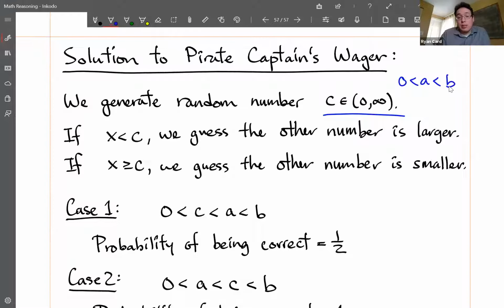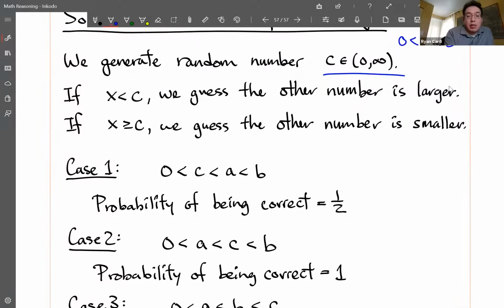There are three different things that could happen. The number we generate could be smaller than the two numbers the pirate captain wrote down. In this case, you'll always be guessing the other number is smaller.